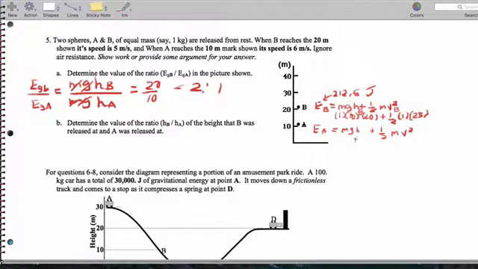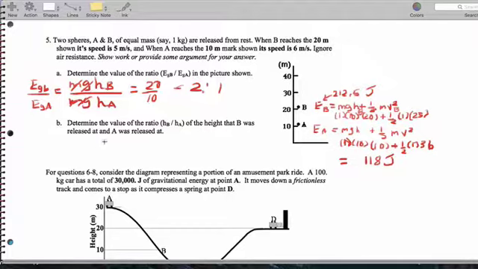M is 1, G is 10, and the H ends up being 10, plus 1/2 times 1 times 36. This ends up being 118 joules worth of energy.